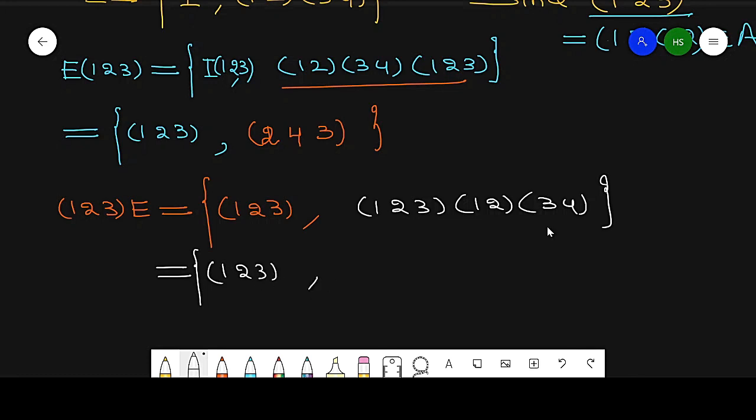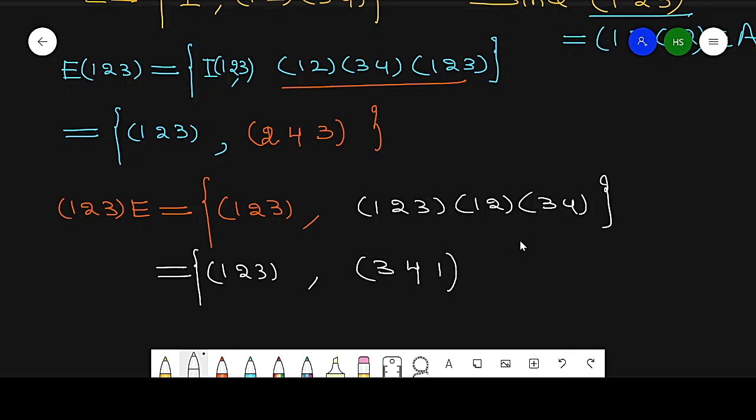Now check this element. I start from 3. 3 goes to 4, 4 goes to 3, 3 goes to 1. Now 1 goes to 2, 2 goes to 3. This cycle is complete, right?